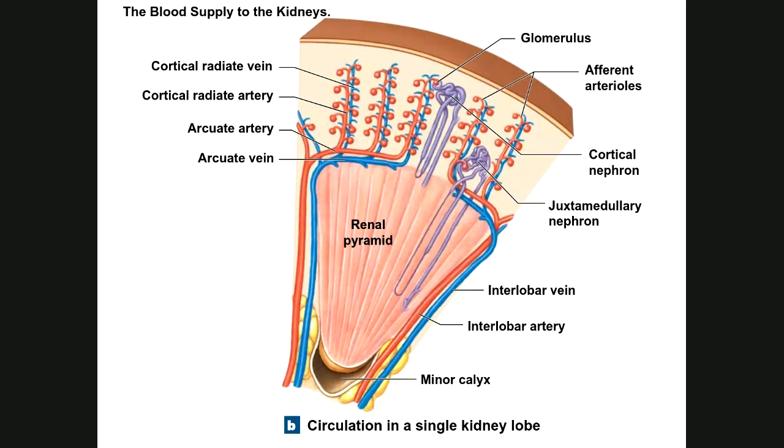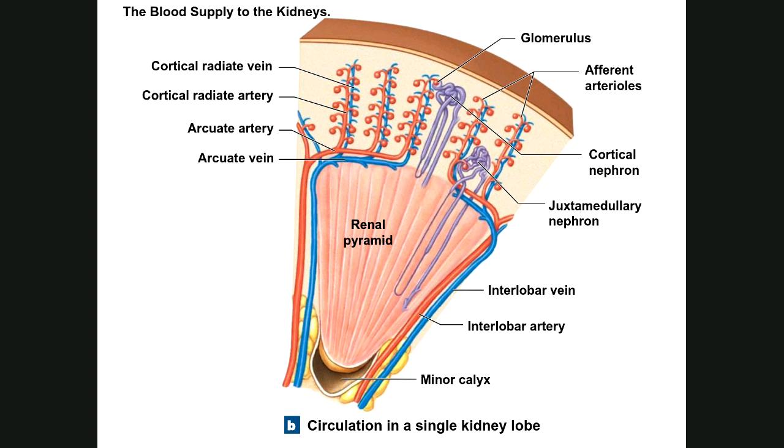The interlobal vein empties directly in the renal vein. It got the blood from the arcuate vein. Arcuate vein got it from the cortical radiate vein.